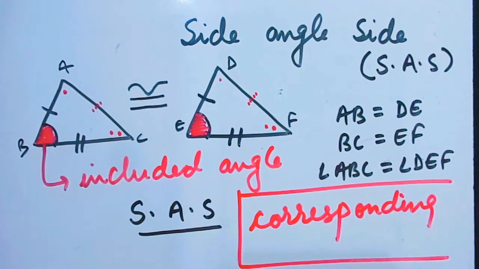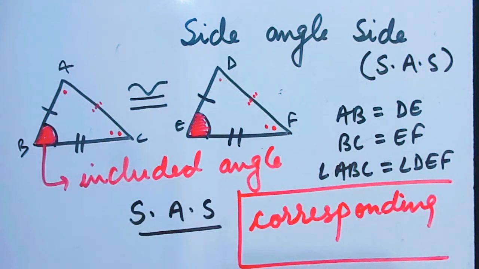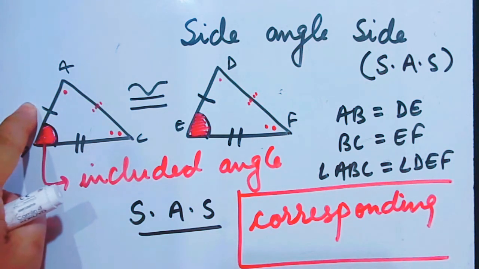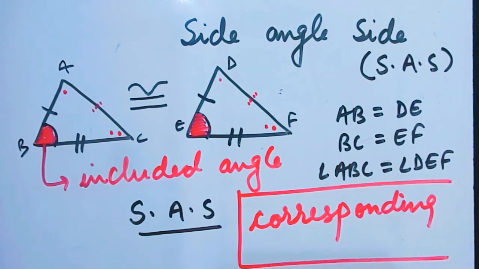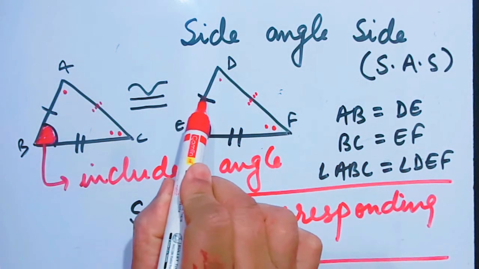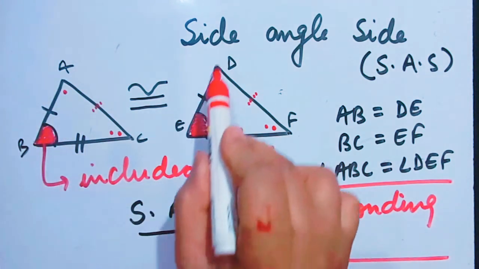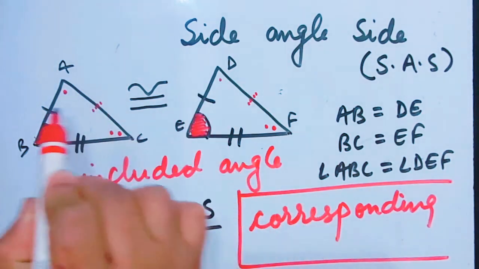Corresponding means the corresponding angles will be equal. Meaning, as given in this triangle, in the same manner it should be here also. For example, this particular angle is opposite to this particular side. Equal sides means having one line only.